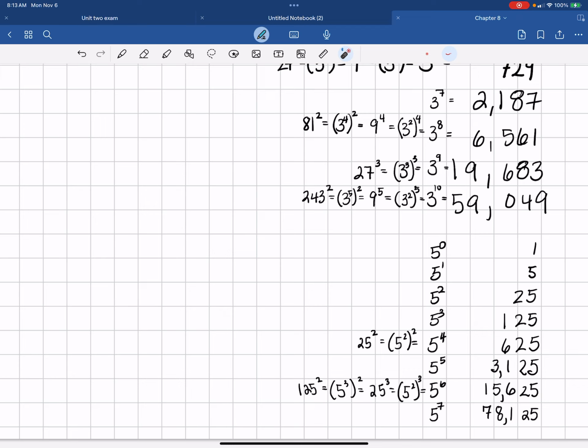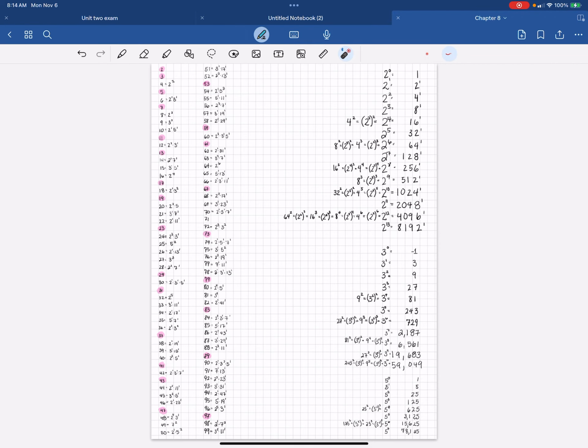So I imagine if we looked at 5 to the 8th power, we'd get a 625. I don't know what that is, but the last 3 numbers keep repeating back and forth. So this is just a little fact sheet I'll post up to you guys.